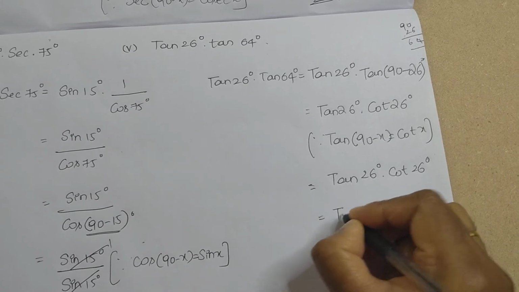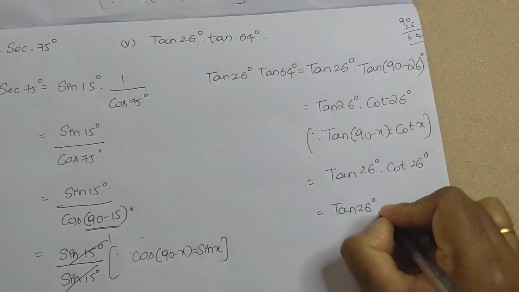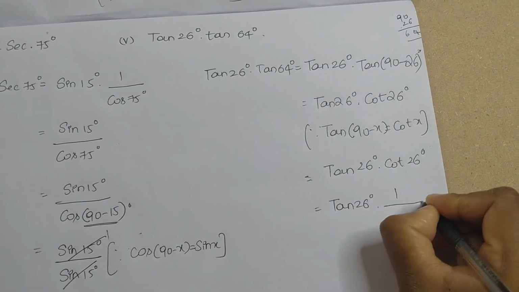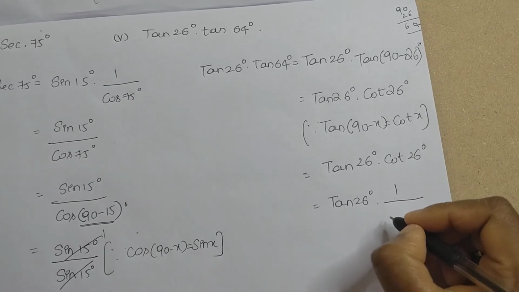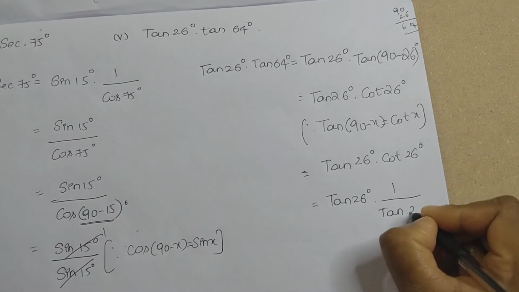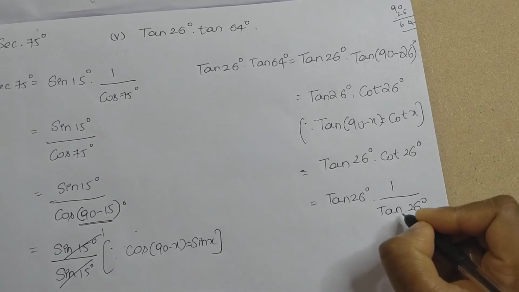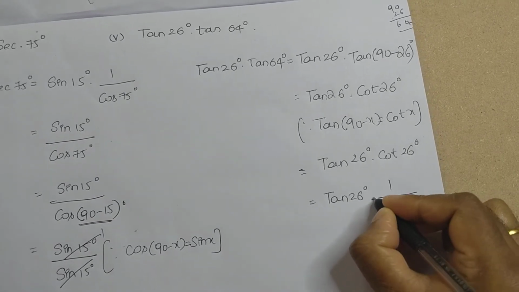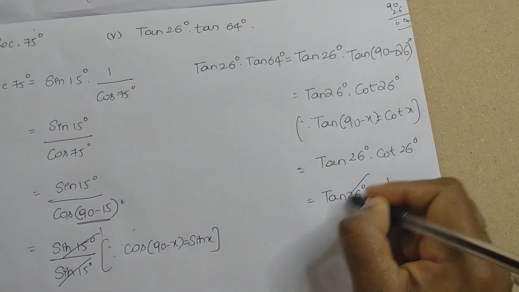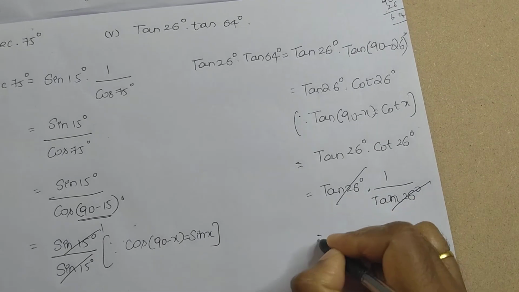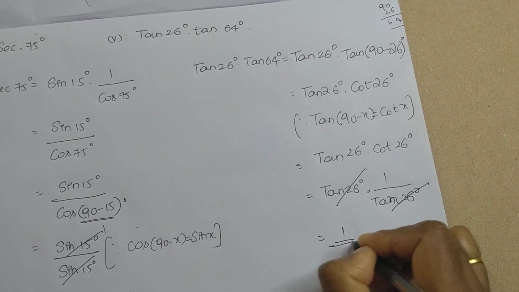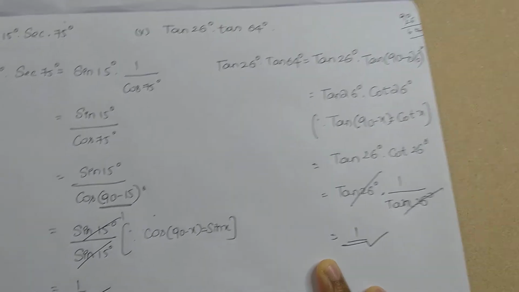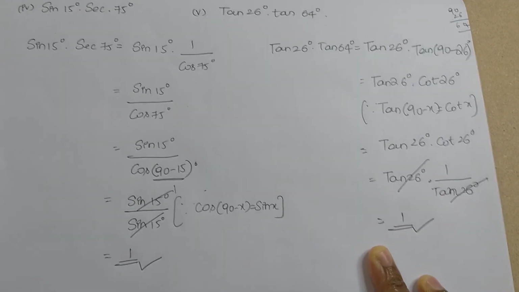Cot theta equals 1 by tan theta. Correct? Here I am writing tan 26 into 1 by tan 26. So tan 26 will be cancelled off. We will be getting the answer as 1. Clear? So this is the solution for sub question 5.